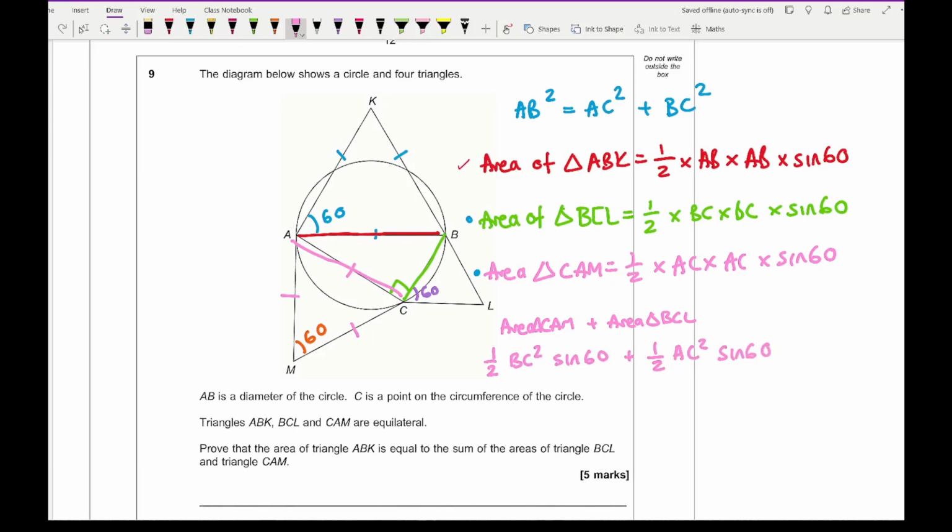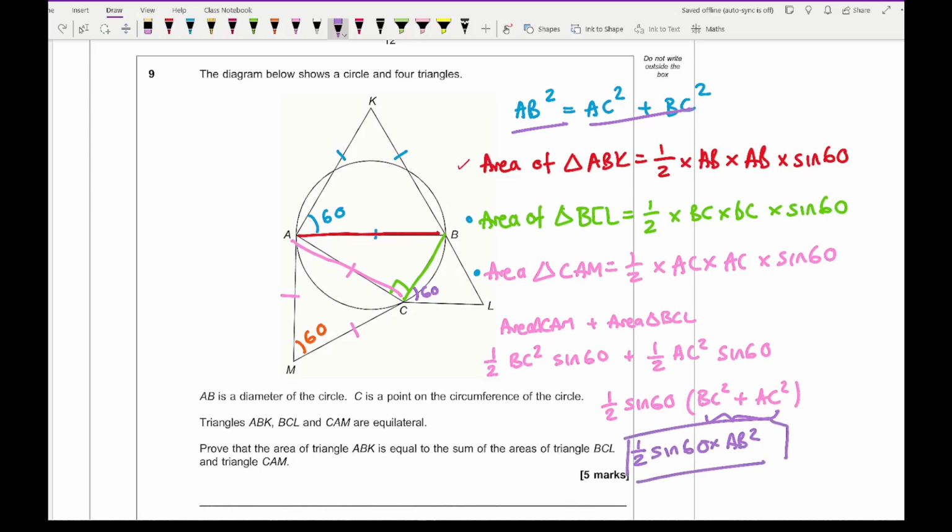Now if I do a bit of factorising, with these I can take a half sine 60 out, in which then I've got BC squared plus AC squared. Now using Pythagoras, I know that BC squared plus AC squared equals AB squared, and so I have a half sine 60 times AB squared, and that is the same as this, so that's a half AB squared sine 60.